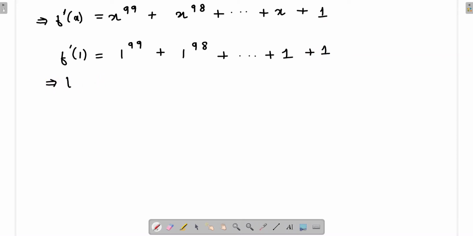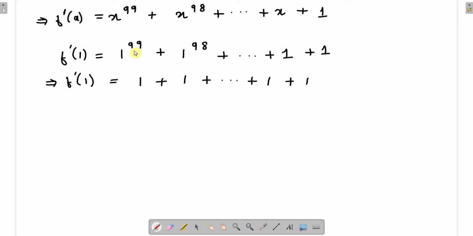So this will imply f prime of 1 is equal to, see, 1 raised to 99 is 1, plus 1 raised to 98 is 1, and so on up to this 1, and one more 1 is there here. Now you have to count how many 1s are there here.